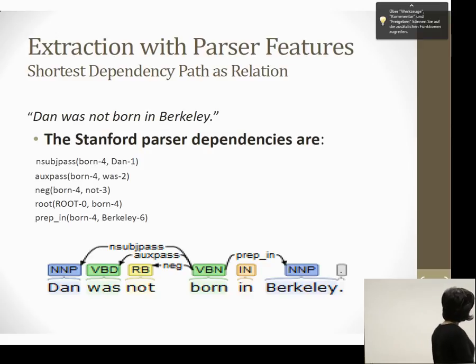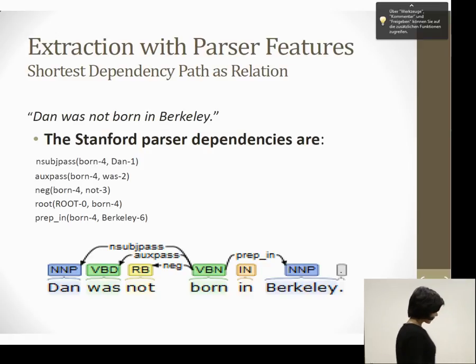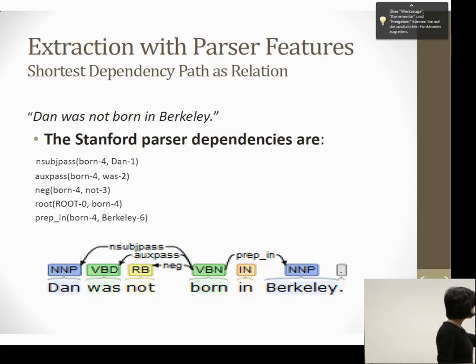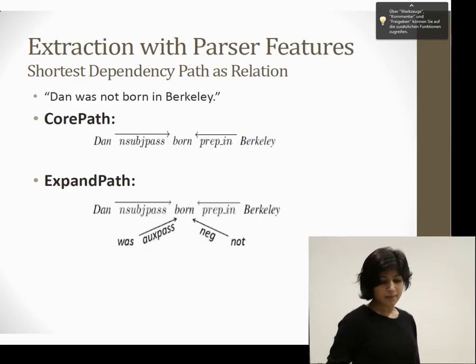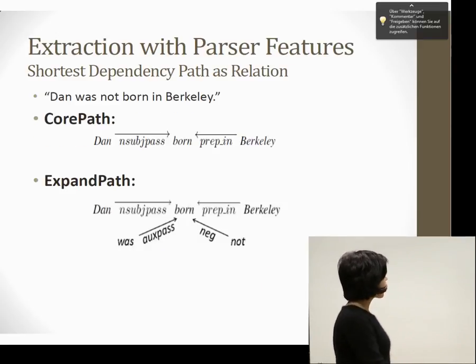Each formula shows a relation between the dependent token and the governor token, and using these we can form a directed graph. Then we consider the shortest path between two special tokens, for example Dan and Berkeley. The shortest path between them is called the core path.